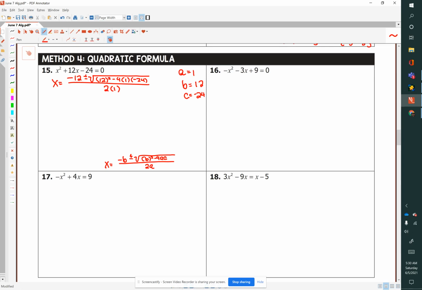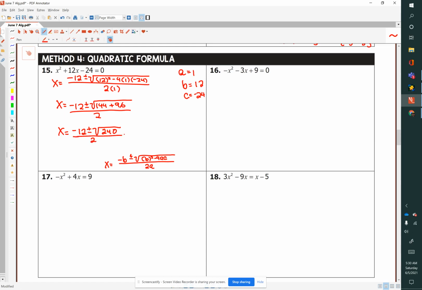So let's start evaluating. We have x equals -12 plus or minus the square root of 144 plus 96, and all of that is over 2. Continuing on, working within that radical sign, we have -12 plus or minus the square root of 240, all that divided by 2.